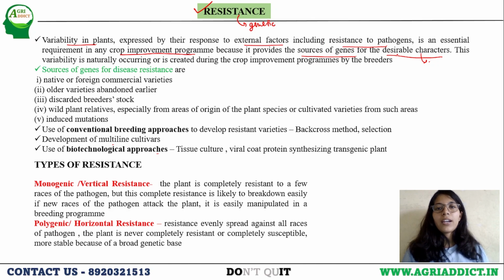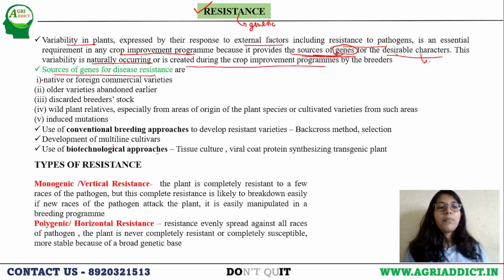So for that desirable character, the gene is isolated. The source of the gene is found, and from there the gene is isolated and introduced into the variety that is under cultivation. This variability is either naturally occurring or it is created during the crop improvement programs by the breeders. So, what are the sources of the genes for the disease resistance?